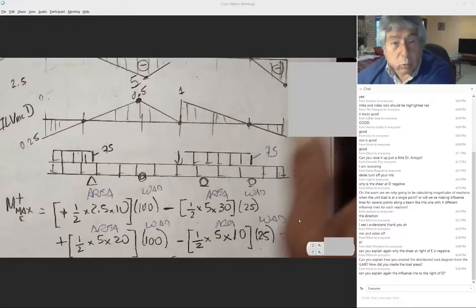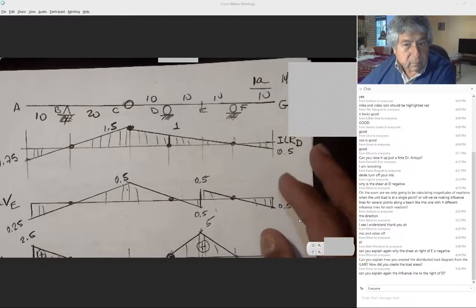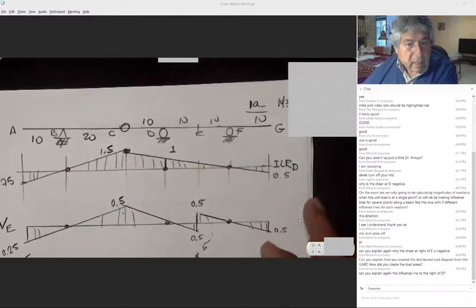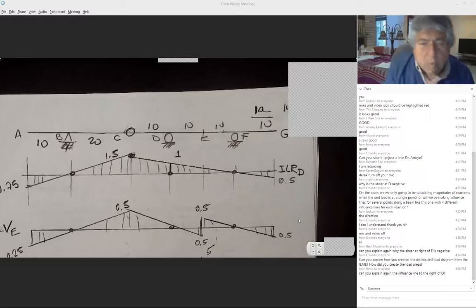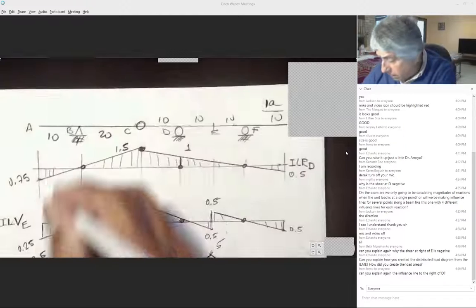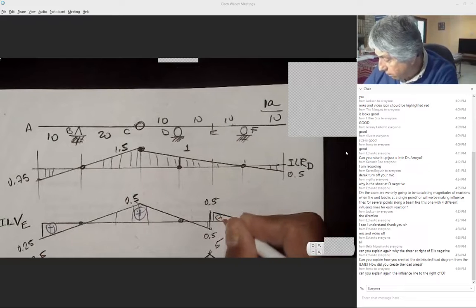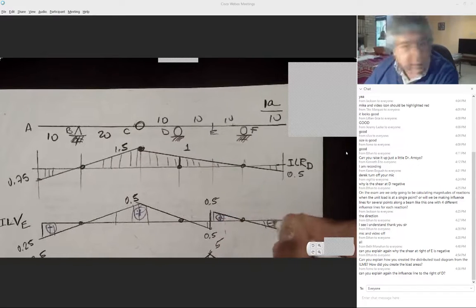And now I'm going to go to the top. If I want to compute the maximum positive reaction at D, I will look at this influence line. This value negative, plus, and negative.